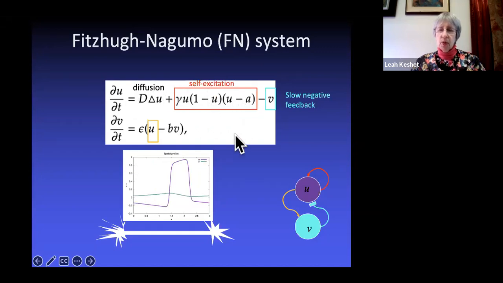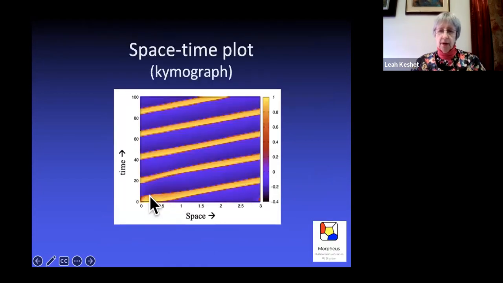And this simple system can give rise to traveling waves, as you can see down below. So in 1D, you see just a single traveling wave. And if you plot this on a space-time plot, also known as a kymograph, you basically see bands of these waves that travel across the domain.